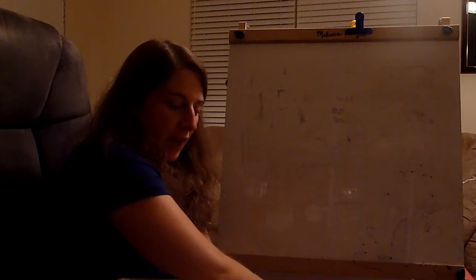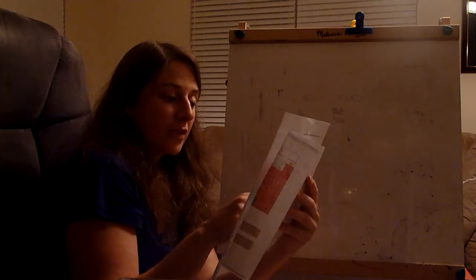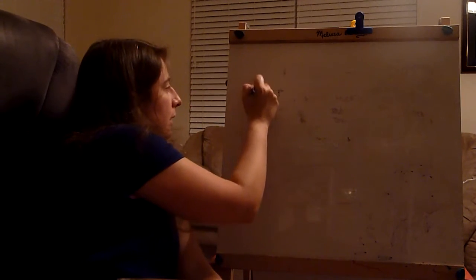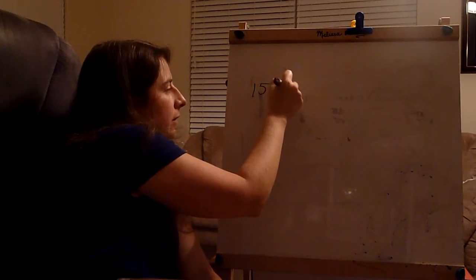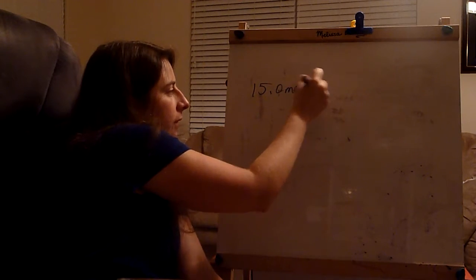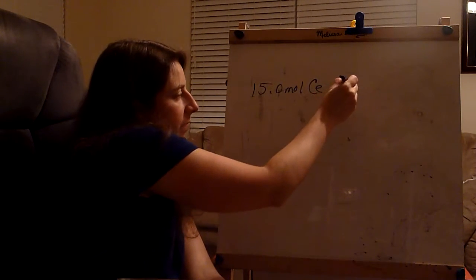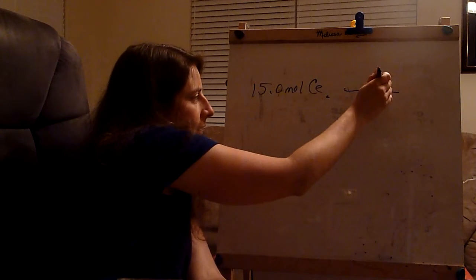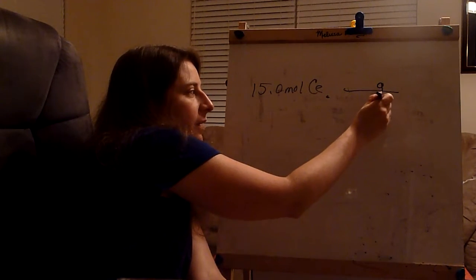That's good. And if I have 15 moles, I want to know how many grams I have. So I'll write down what I know, and I want to find out grams.